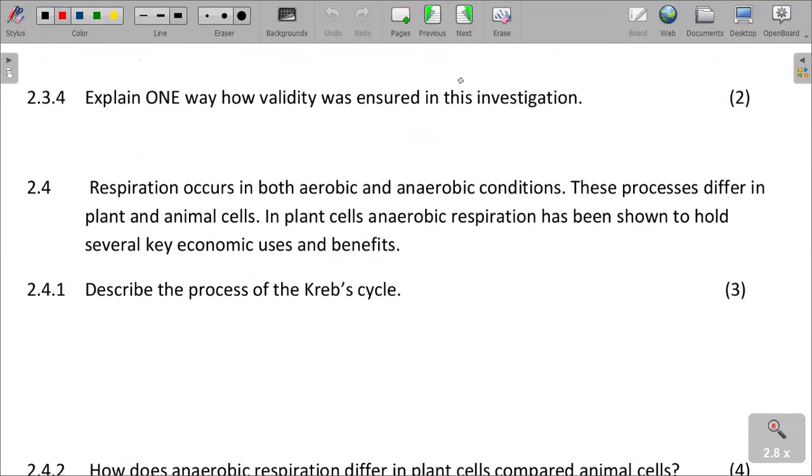And then we are asked to explain one way how validity was ensured in the investigation.